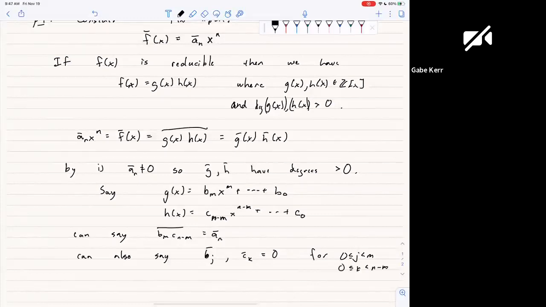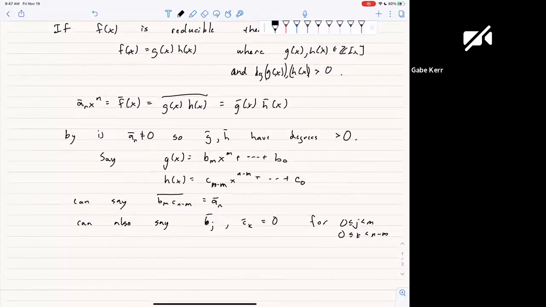But these have to be like some unit times x to some power. But now, as John was saying, this implies b_0 or P divides both.